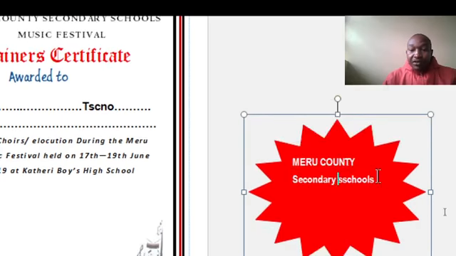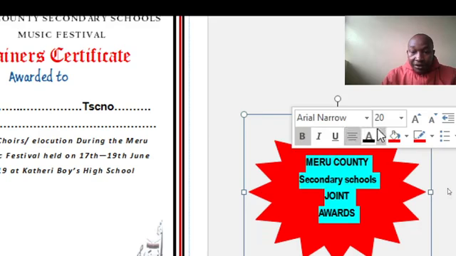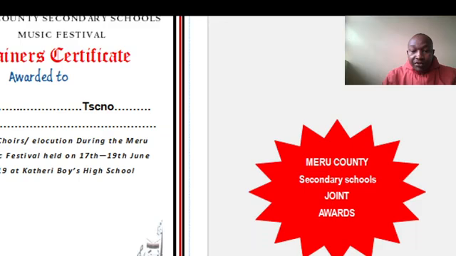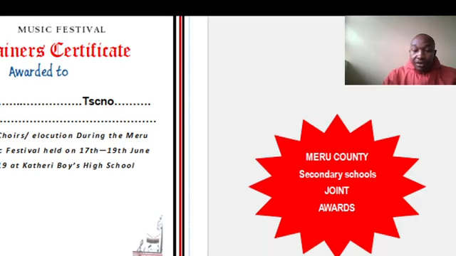Meru County Secondary Schools. Right, we needed to have joint awards. Then you can just center this one that way. Then after doing this, you can just take this one as a screenshot.